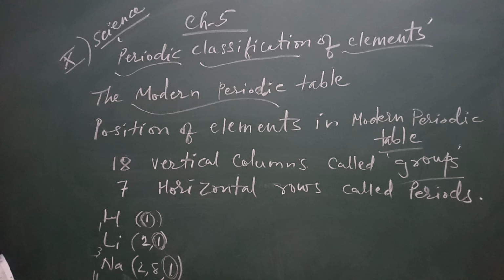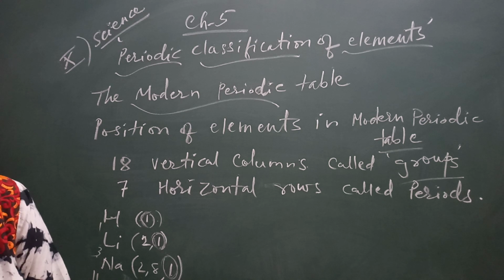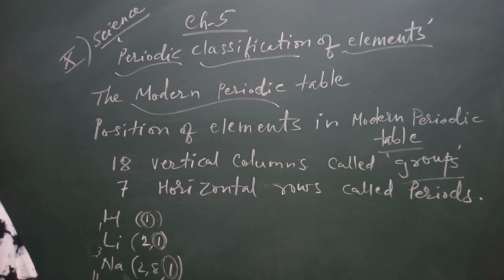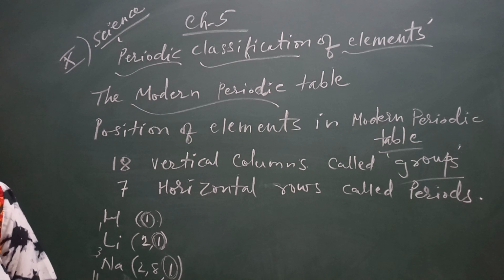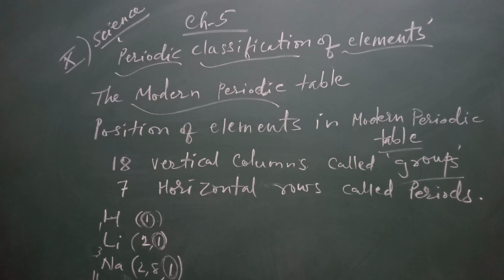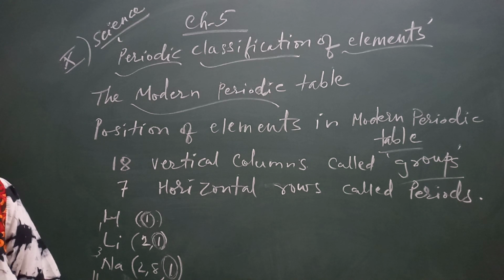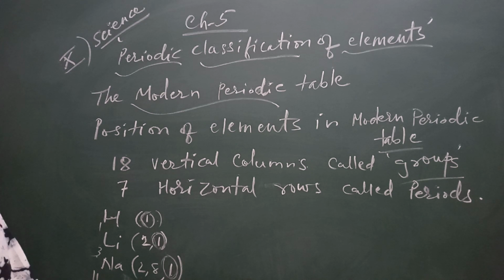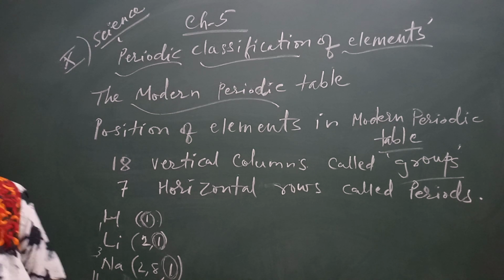If you look at the modern periodic table, table 5.6, you will find that the elements lithium, beryllium, boron, carbon, nitrogen, oxygen, fluorine and neon are present in the second period, and we have to write their electronic configuration. Do these elements also contain the same number of valence electrons? Do they contain the same number of shells or not?